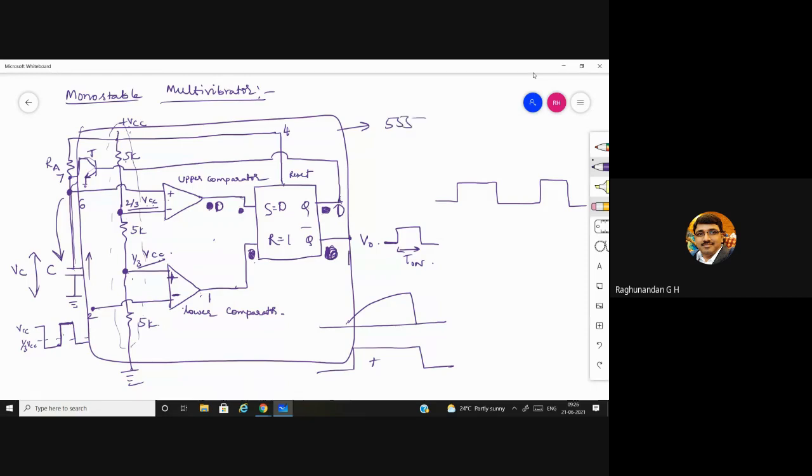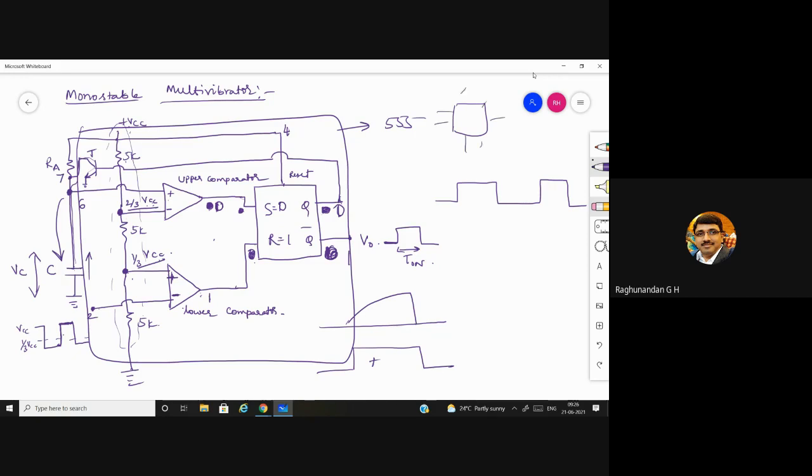In the exam, if they ask you to explain the monostable multivibrator, then you need to explain this one. If they ask you to explain the monostable multivibrator using the 555 timer IC, then you can directly draw the IC and explain, so that everything will be the same. Instead of drawing the op amps, comparators, flip-flops, everything, you just draw an IC and explain how it is going to work.